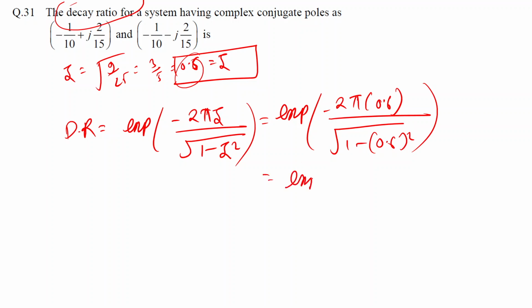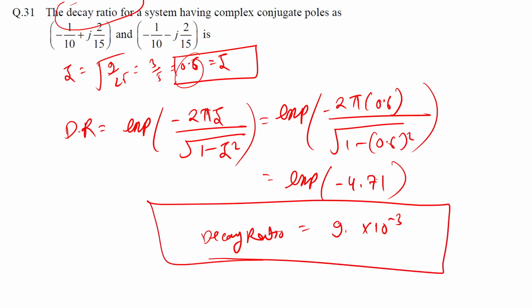So this will become exponential of minus 4.71, and we can again calculate the value and find the decay ratio, so this value will be somewhere around 9 point something into 10 raised to minus 3.